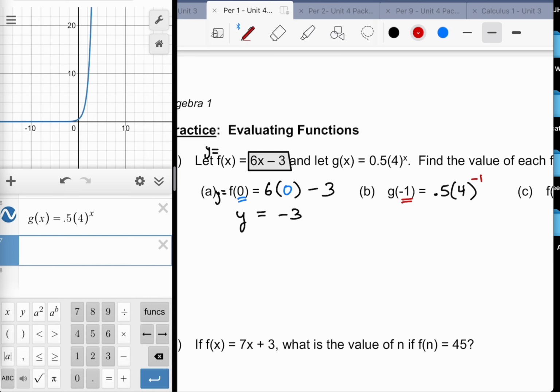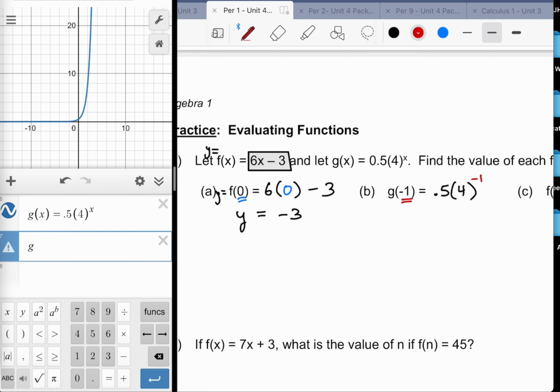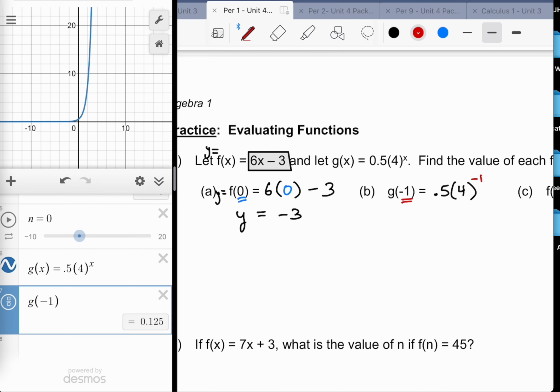So we just plug and chug that away. G of negative 1, we get 0.125. Put that in fraction form, you get 1/8. So g of x equals some value y, which in turn is equal to 1/8.